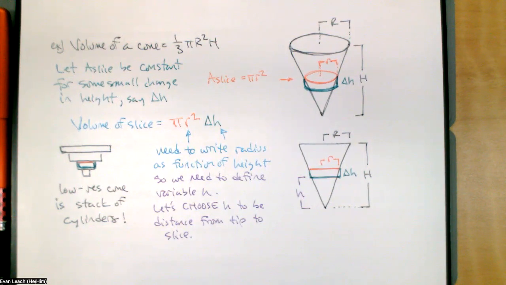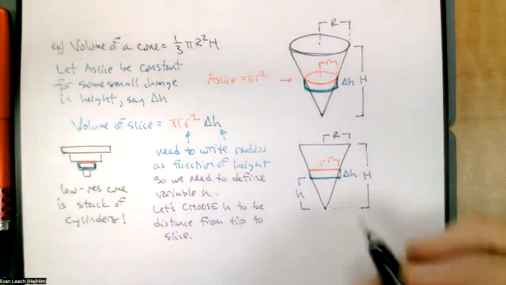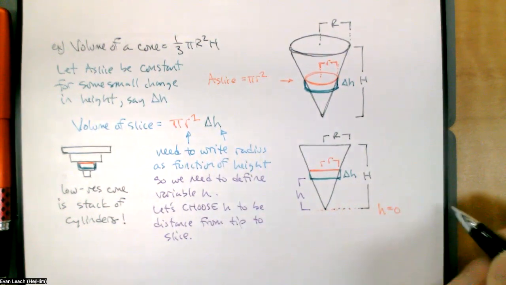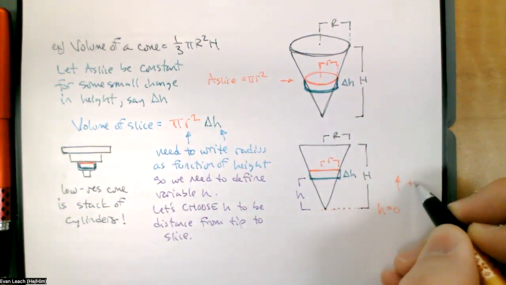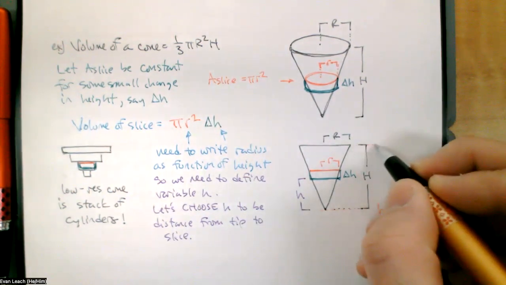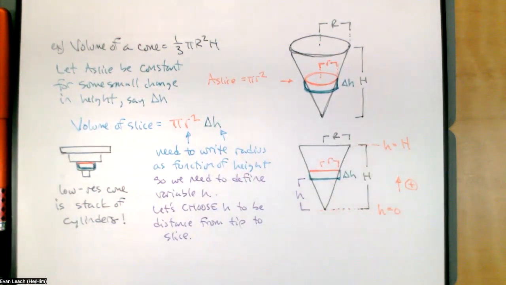So by making this choice, h equals 0 down here at the bottom, and we have decided up is the positive direction. Then the last value of h that we come across is up here, where h is equal to capital H. When you decide where your variable goes, you've decided where 0 goes, and what the positive direction is.